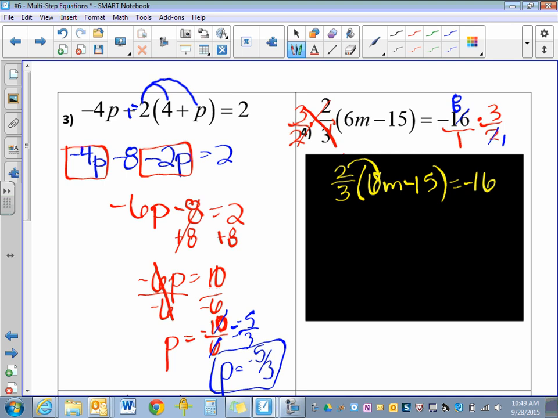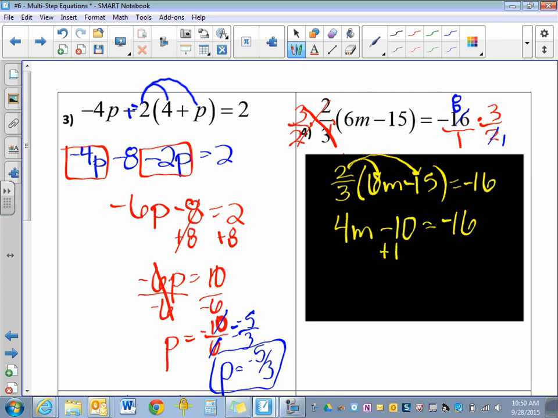2 times 6 is 12, divided by 3 is 4, so that's 4m. Again, you can use your calculator to help you with those fractions. 2/3 times -15. 2 times -15 is -30, divided by 3 is -10. Okay, so again, notice with this one, the fractions reduced nicely into whole numbers.